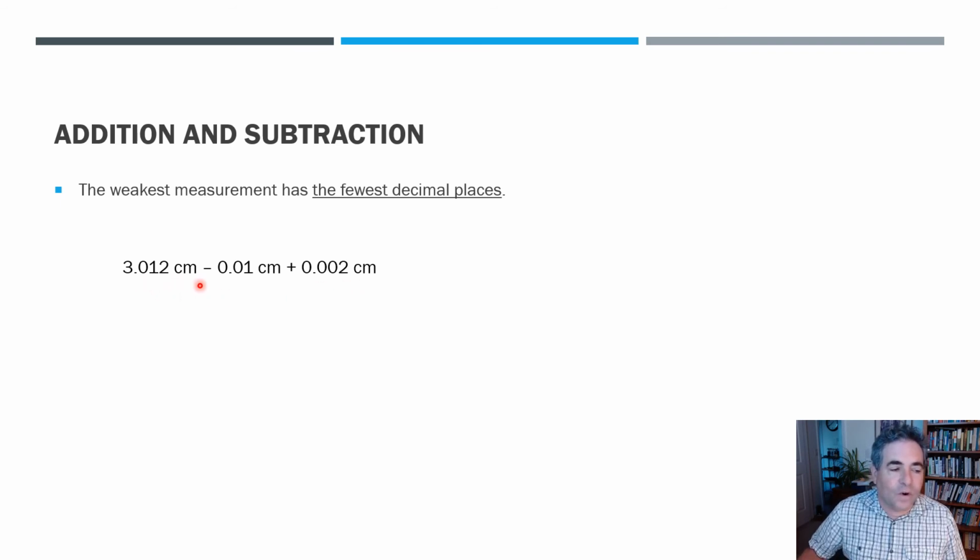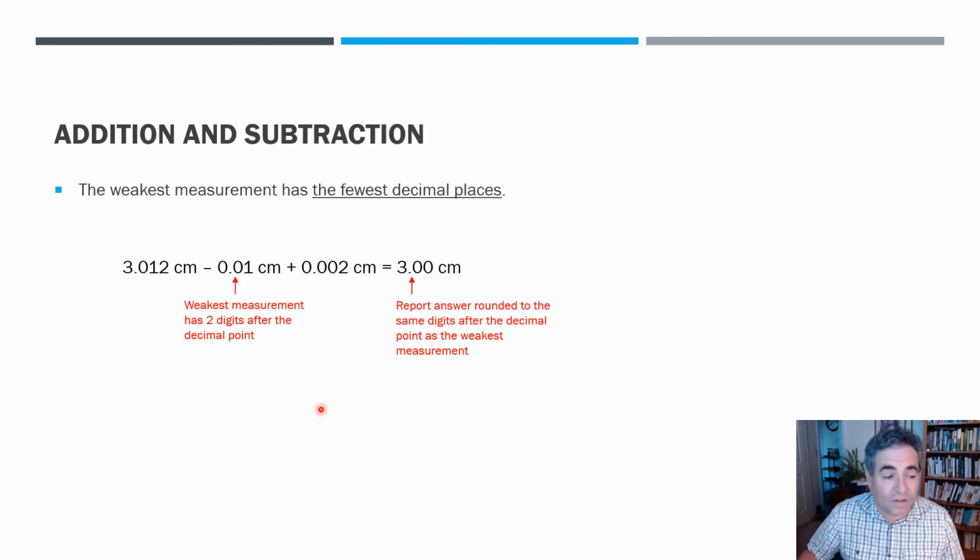I'm going to look for the weakest link here as the one with the fewest decimal places. Now, what do we mean by decimal places anyway? I mean how many digits you've got to the right of the decimal point, okay? So this one has 3 decimal places. This one has 2 decimal places. And this one has 3 decimal places, 3 digits to the right of the decimal point. So it looks like this one's the weak link, right?